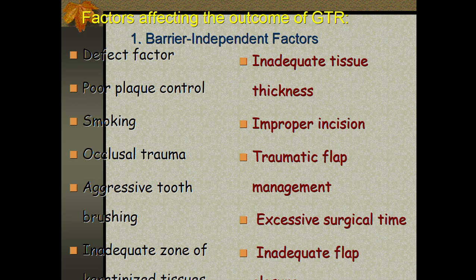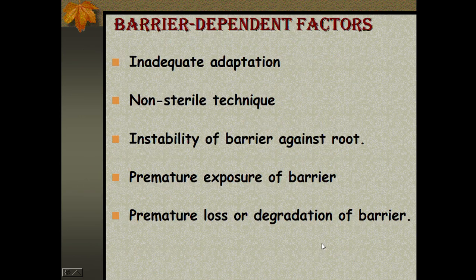Factors affecting the outcome of guided tissue regeneration. Barrier independent factors are defect factor, poor plaque control, smoking, occlusal trauma, aggressive tooth brushing, inadequate zone of keratinized tissue, inadequate tissue thickness, improper incision, traumatic flap management, excessive surgical time and inadequate closure of the flap.